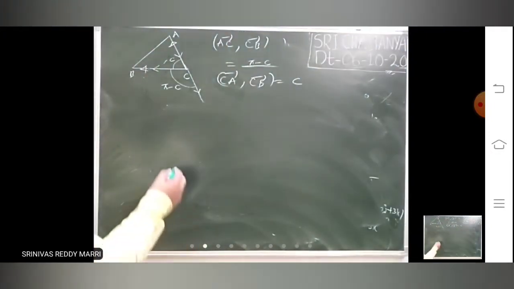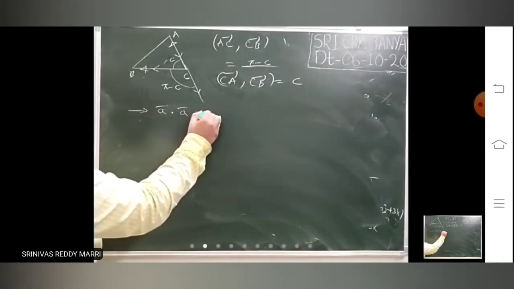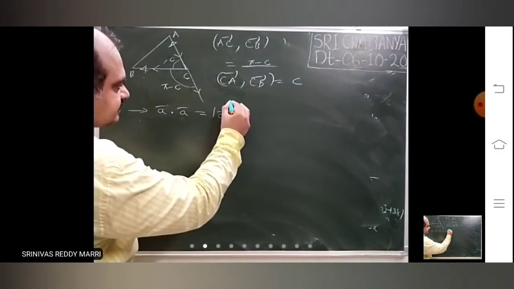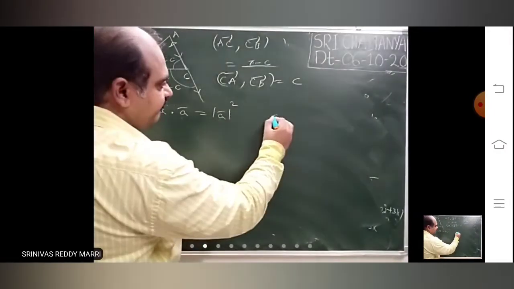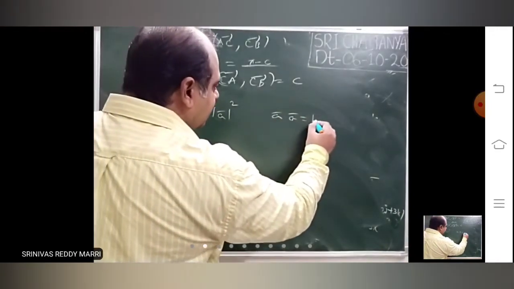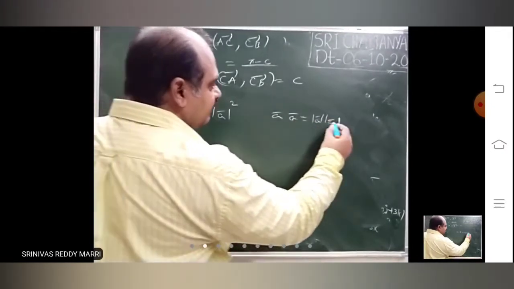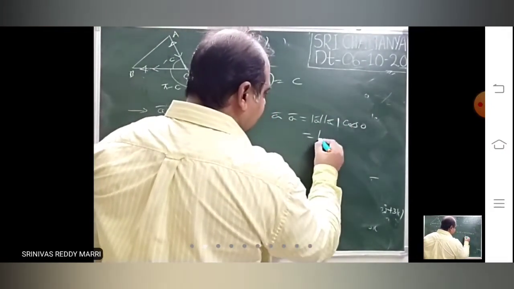Look at the next point. A bar dot A bar is modulus A bar square. The same vector is there, so the dot product is modulus A bar into modulus A bar into cos of the angle between the same vectors, which is 0, so cos 0 is 1.